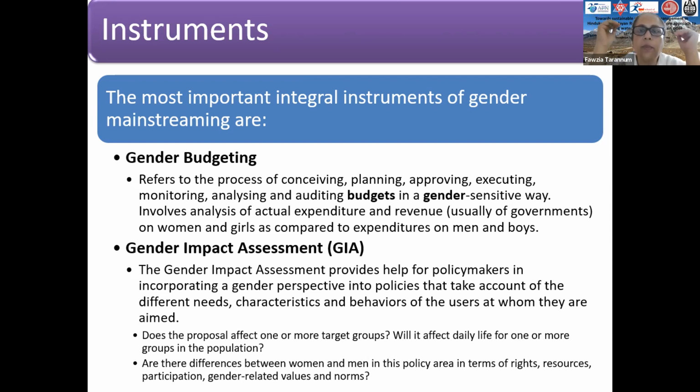For instance, when a policy was made that let's educate the girl child as well, then there was money apportioned for education of girls. How was that money used? Was it really used? How many girls got educated by virtue of that?